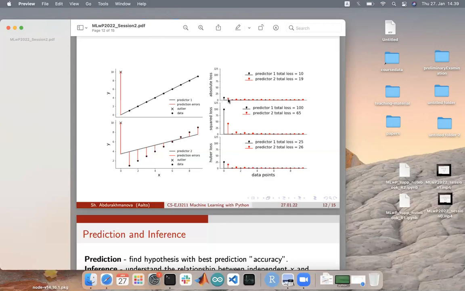The red ones are the losses for each data point computed for predictor number 2. So we have, I think, 10 data points, and here we have 10 black data points and 10 red ones. Okay, yeah.